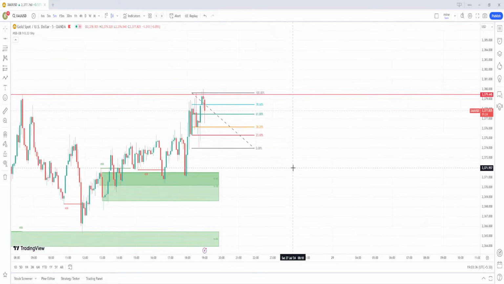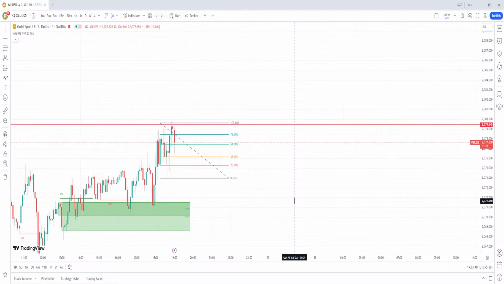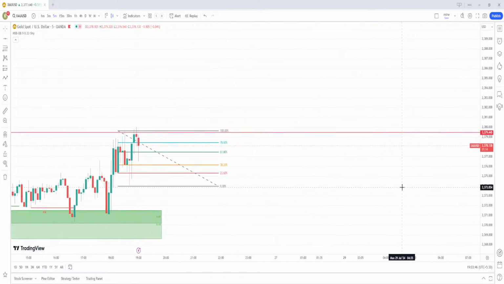First we are going to wait for the levels to break. The price is not going to be rejected from this area, it is going to break. If it breaks, we are going to wait for the retest. Only after that are we going to put on the Fibonacci tool.